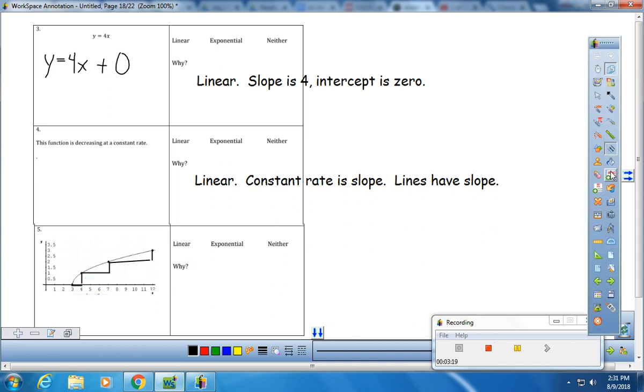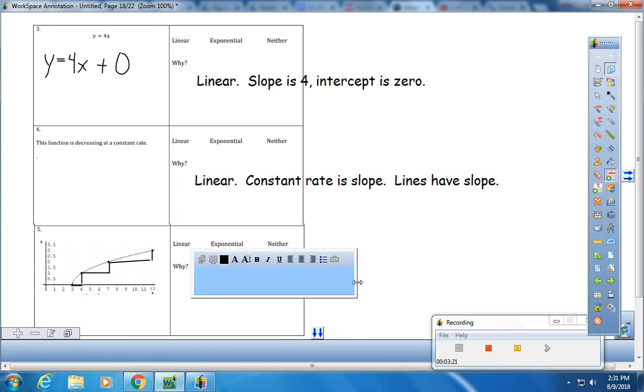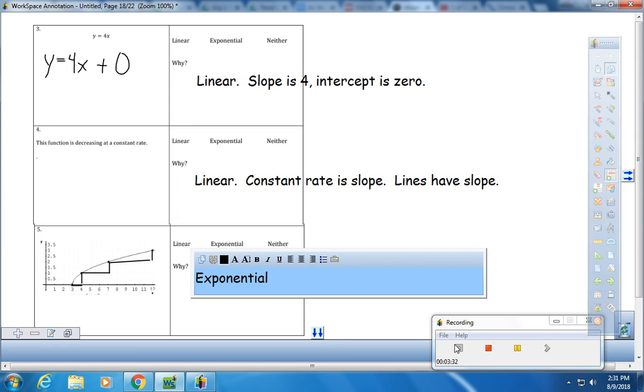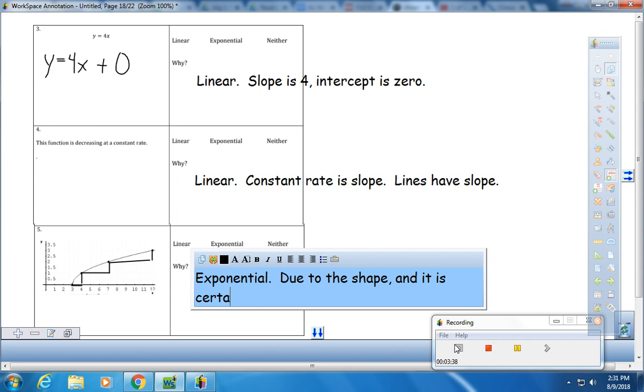So that doesn't have a slope. So this is exponential growth. And the reason why is, oh man, due to the shape, and it is certainly not linear. Okay?